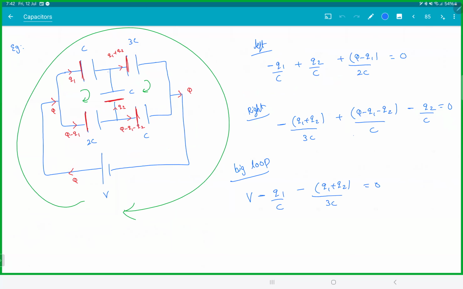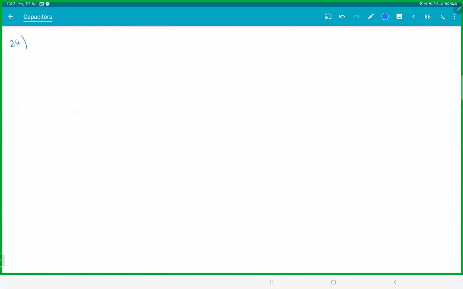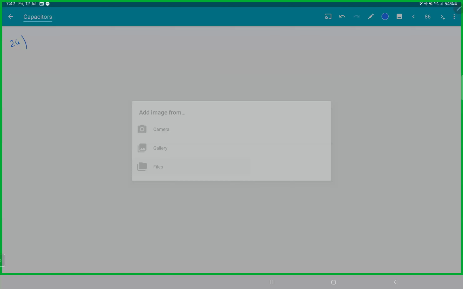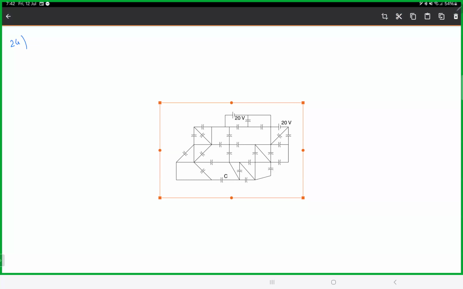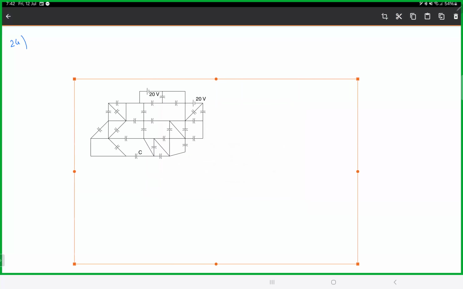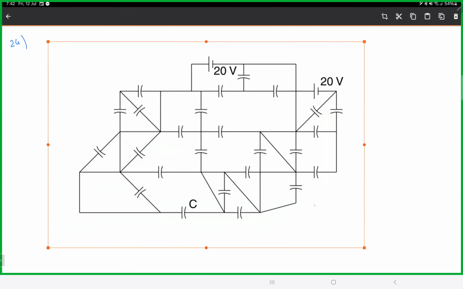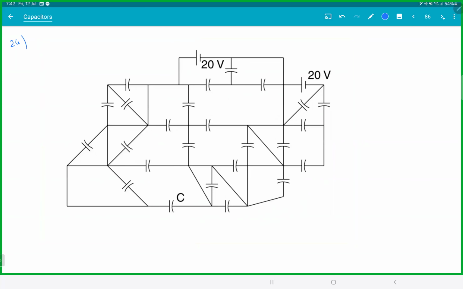Then again, this has its own advantages, like this one. This is a baby maze. So we have a battery, all capacitances are there.